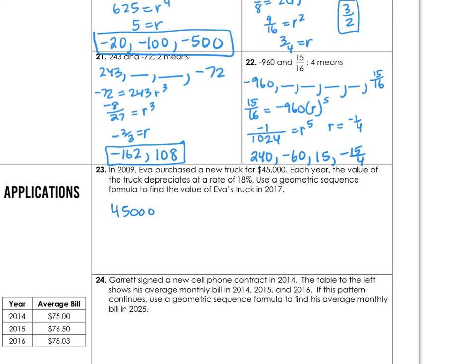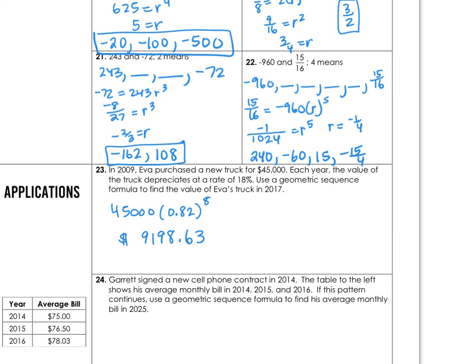And if it's decreasing at a rate of 18%, then 100% minus 18 is 82, so 0.82 is what it's keeping each year. And how many years is that? 2017 is 8 years. So if you multiply that out, I think you get 9198.63. So that's how much it should be worth in 2017.